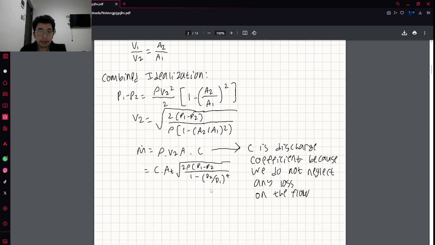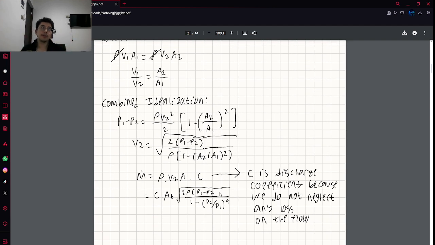We can use diameters, since it is an orifice, we just assume it's a circle, and that will get to v times d squared divided by 4. So we substitute the v2 here, and then we get to the final conservation of mass equation, which is right here.